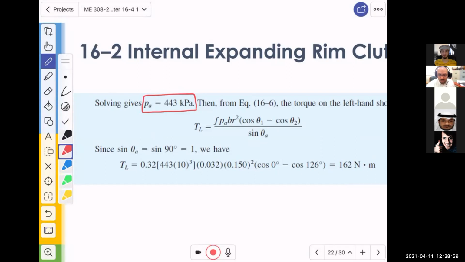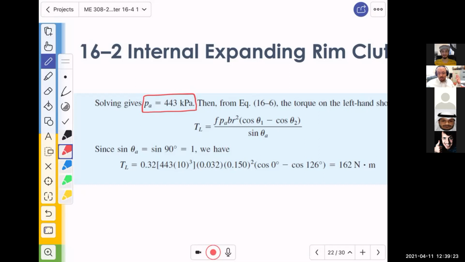And that's why we told you in the de-energizing shoe, the friction force is against you. You need to push more in order to reach the 1000. Here, we put in what makes 1000 with the self-energizing, and it didn't even reach half of the maximum pressure. Do you understand that?